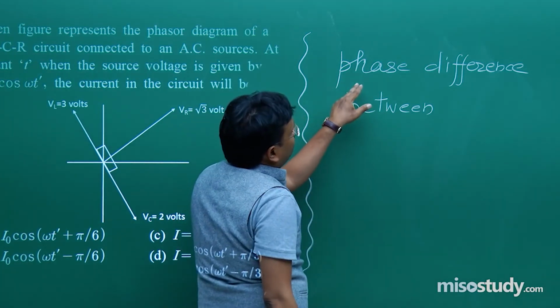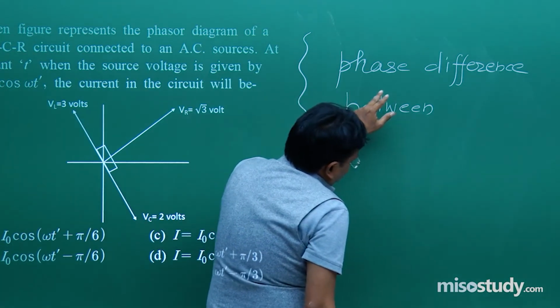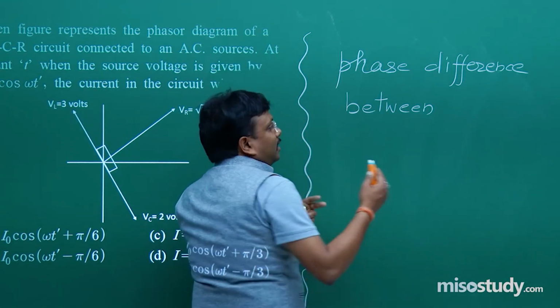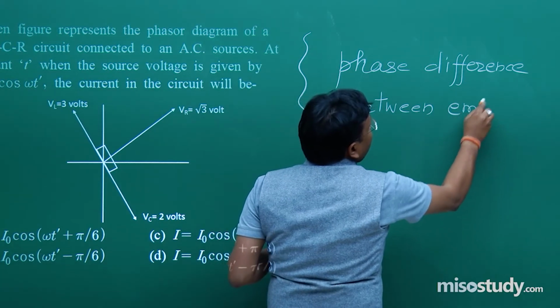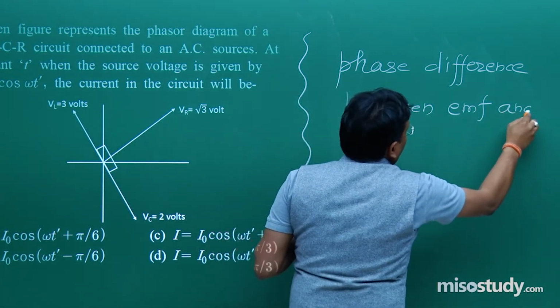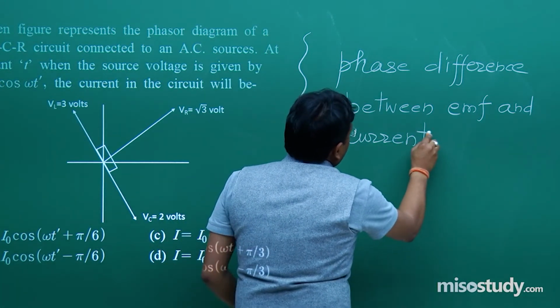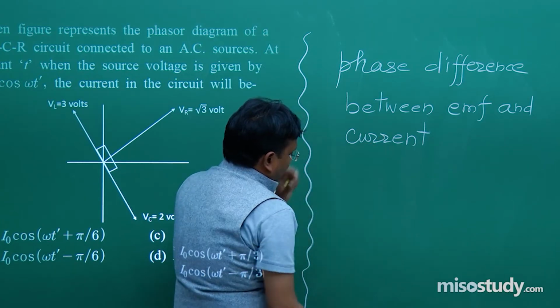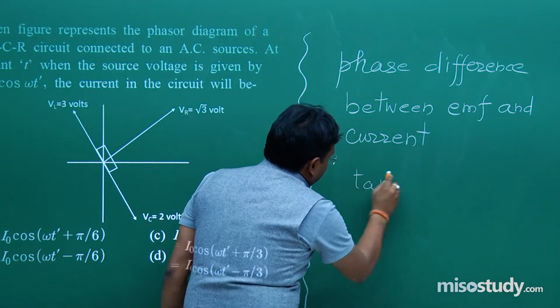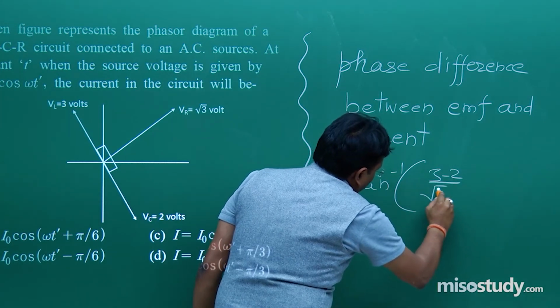So in a very short explanation, the phase difference between EMF, electromotive force, and current.